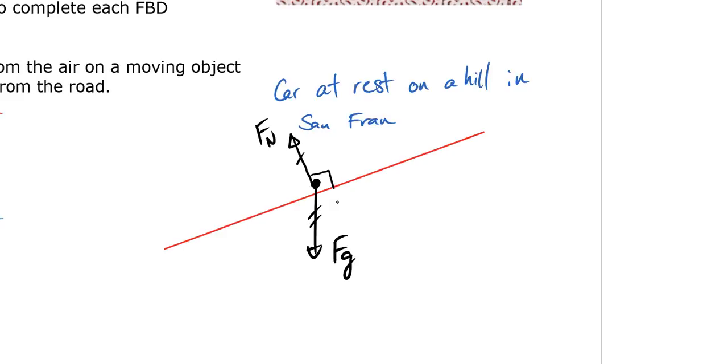So your car is going to want to roll down the hill. So what keeps it in place? Gravity wants to pull it down the hill. It wants to kill you. It wants to destroy stuff. So what keeps your car on the hill? Friction.